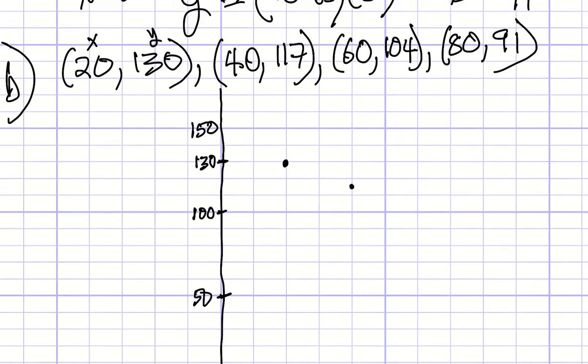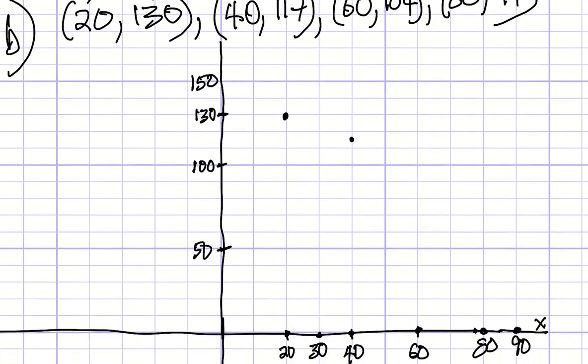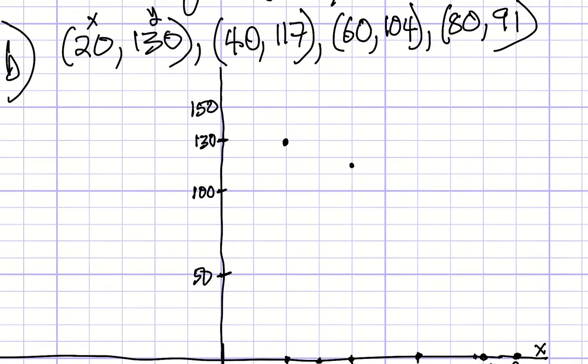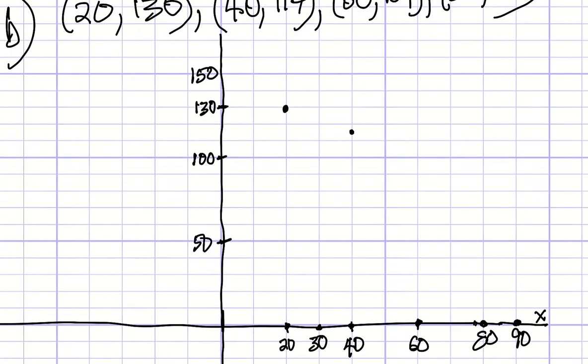And then 60 and 104. 60 is here. Where is 104? 100 is here. 104 should be somewhere here. Let's clean this one here. Okay.